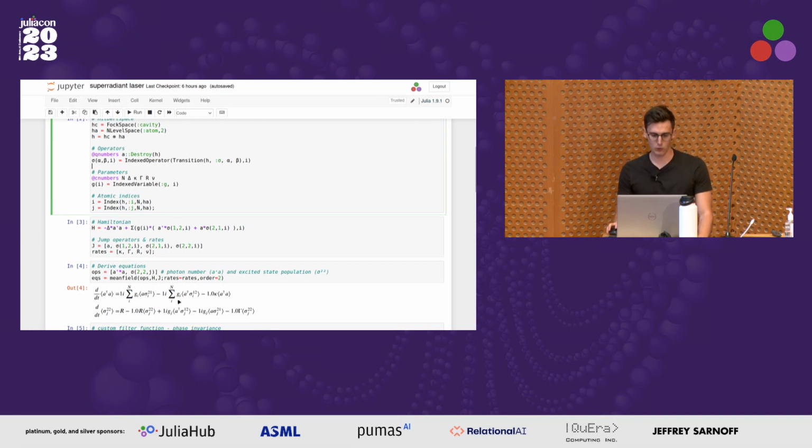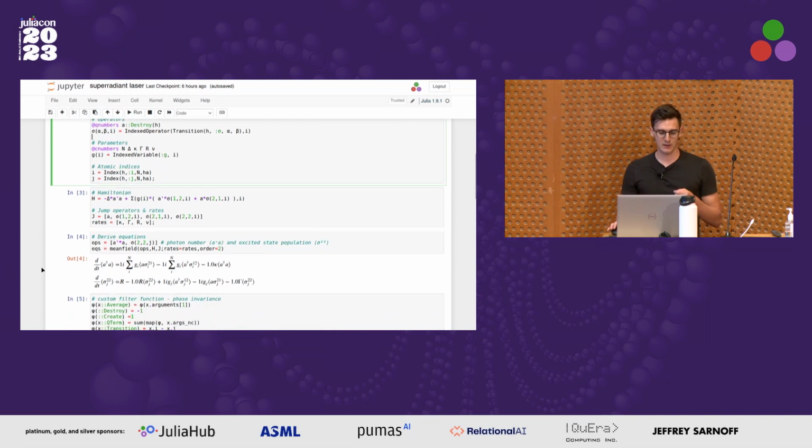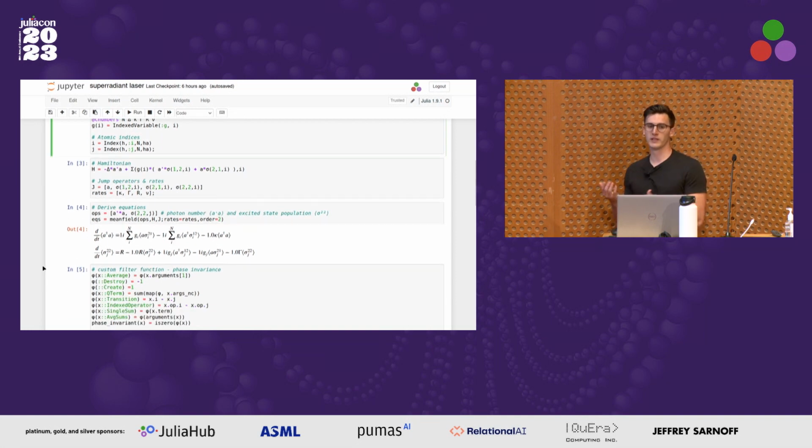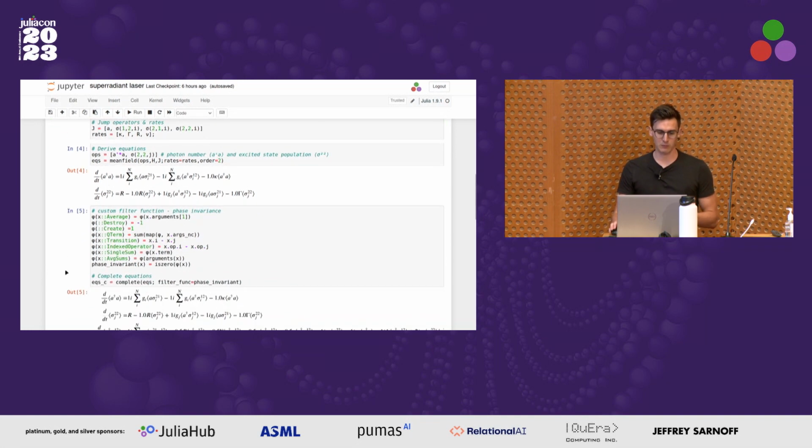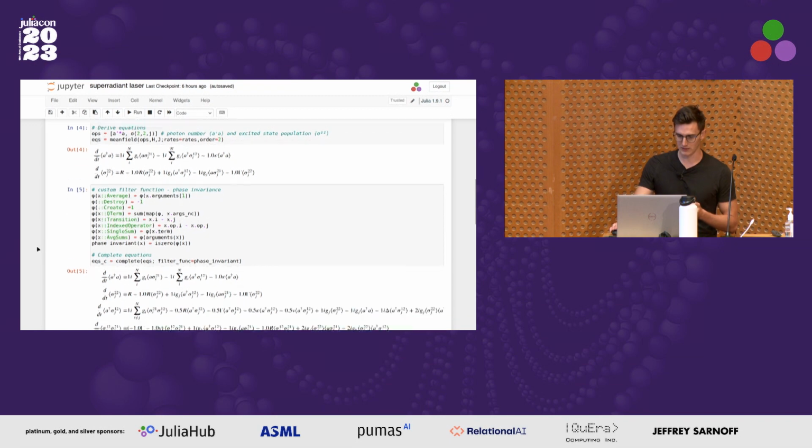What we want to do here is, again, complete the set of equations because we want to solve it numerically. But since we are smart physicists, we know that some of these expectation values are always 0 within the system, just due to the phase invariance of the system, because we drive it or we pump it incoherently, so there's never a phase inside this system.